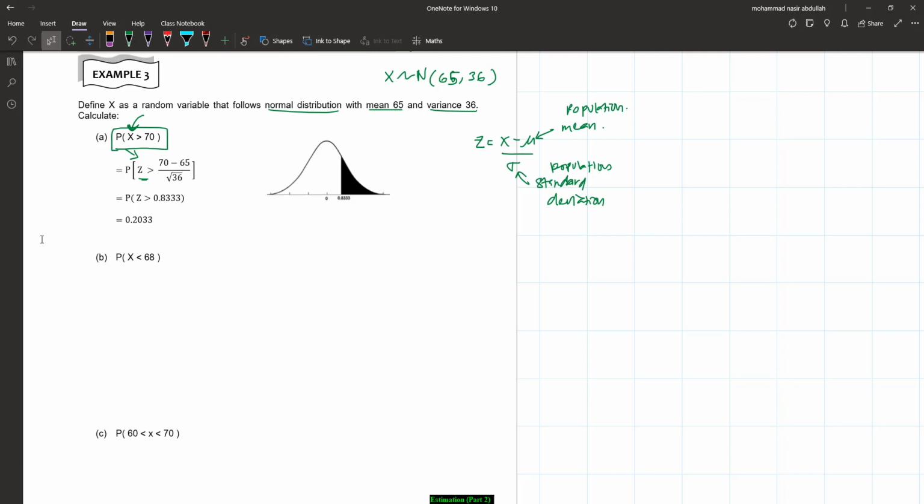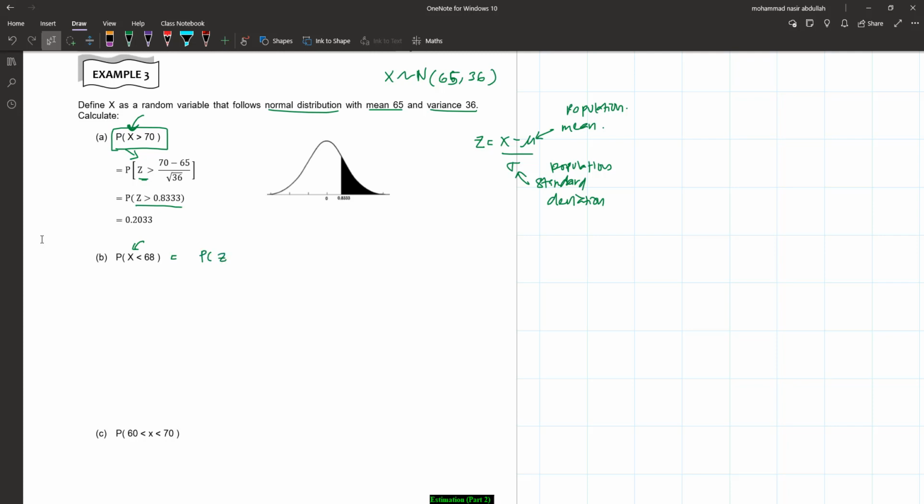So 70 minus 65 divided by the square root of 36 gives 0.833. You can find the answer using the statistical table or a calculator. Now let's look at the probability of x less than 68. Since it is not yet in the form of the standard normal distribution, we need to convert it.